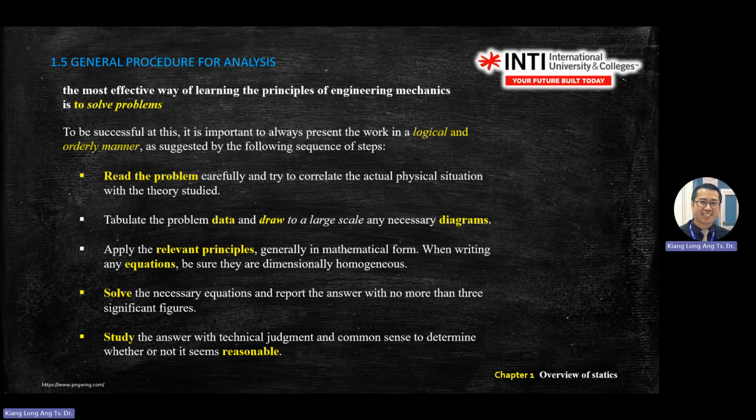So if the final answer, let's say you get velocity equal to minus 10 meter per second, it means it goes in the opposite direction. It can go to the left, it can go down, but it's opposite to the general axis. Okay, general axis, x positive goes to the right, y positive goes up in general.